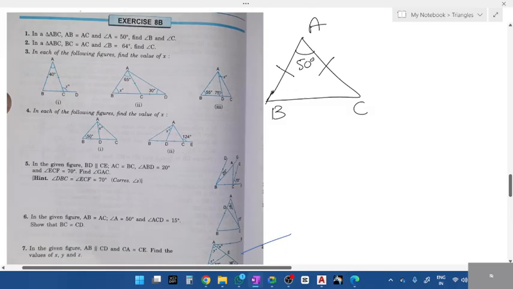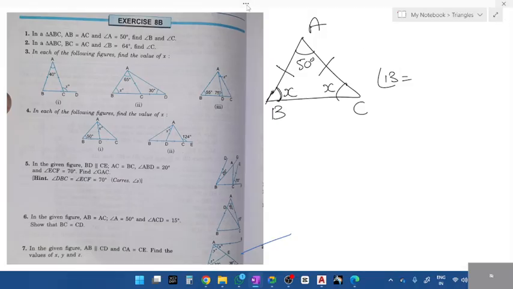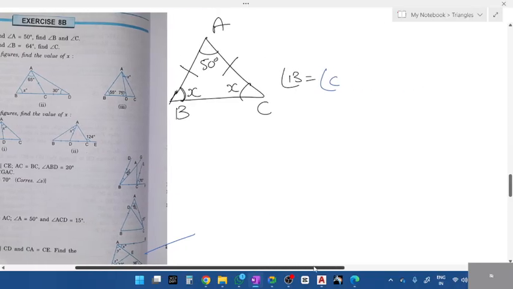Next. What kind of triangle is this? Isosceles. Two sides are equal. They have already given it in the question. You don't need to prove anything, students. This is not proving. You have to find the values. So if these two sides are equal, which two angles will be equal? Angle B will be equal to angle C. And what is the statement you have to write?